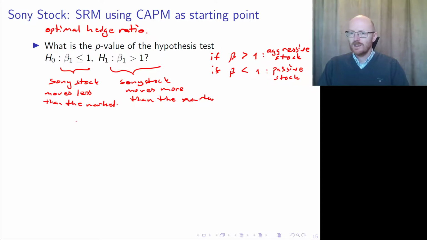Okay, so what we do then is to check the T statistic. Okay, and what we do is that we have the slope 2.78, and then we subtract the cutoff value.